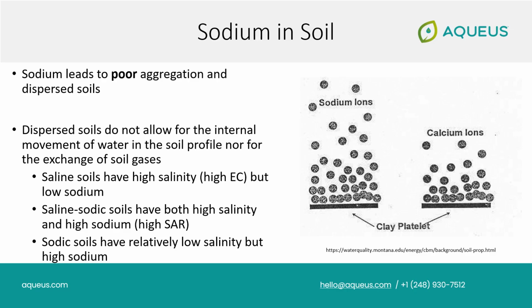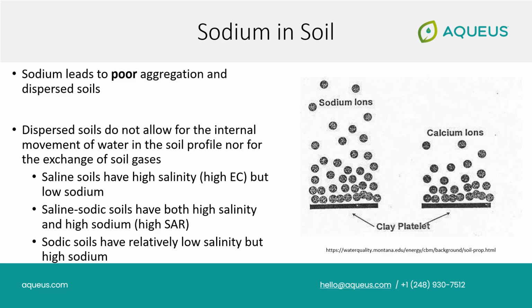So saline soils have a mixture of salts, which would be not only sodium, but calcium, magnesium, iron, potassium. Saline sodic soils are going to have the mix, but they're also going to be high in sodium, whereas the sodic soils, the overall salinity is low, which leaves a higher amount of sodium.